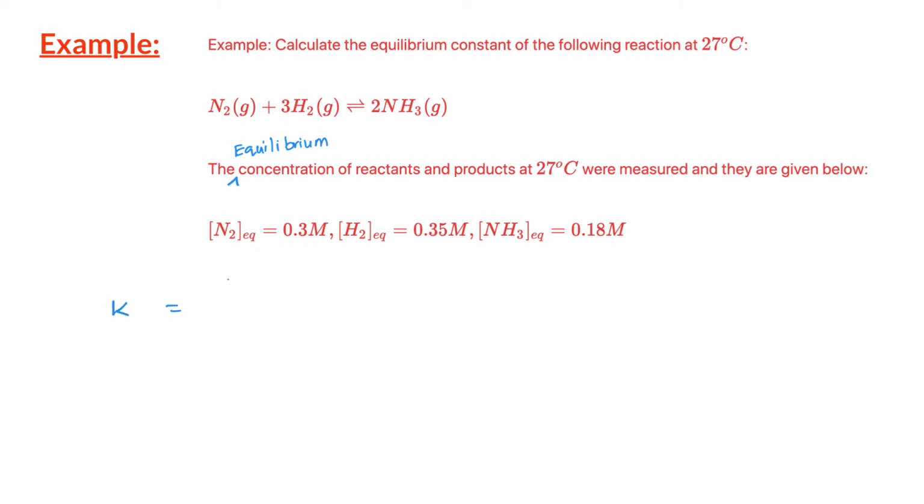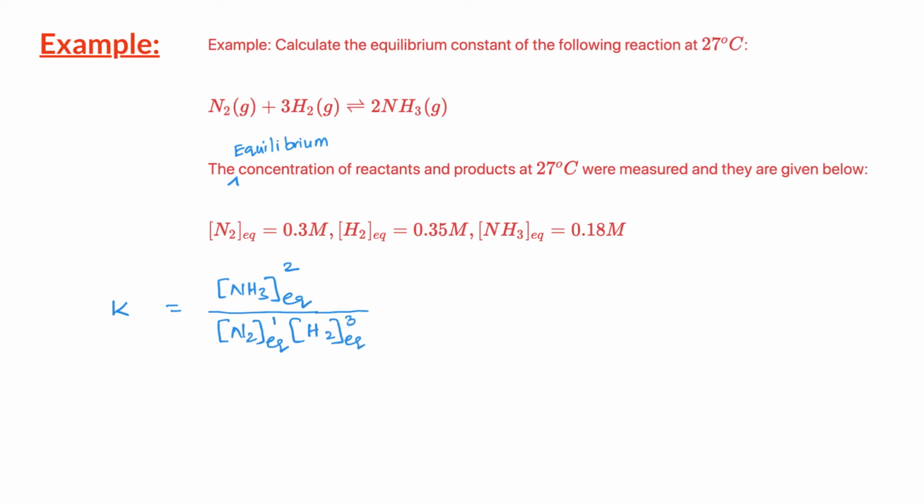So, equilibrium constant K is equal to the concentration of ammonia at equilibrium, and its stoichiometric coefficient is 2, divided by concentration of reactants, that is nitrogen at equilibrium, and its coefficient is 1, and concentration of hydrogen at equilibrium, and its coefficient is 3.